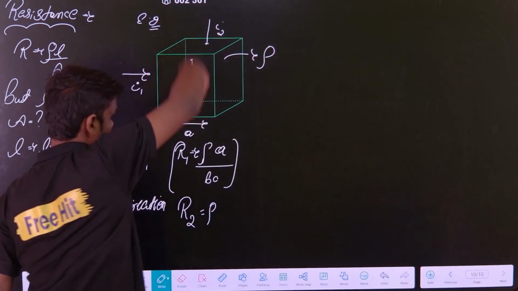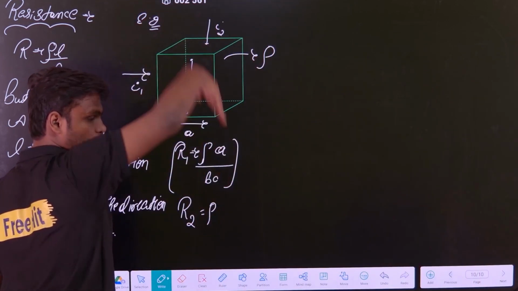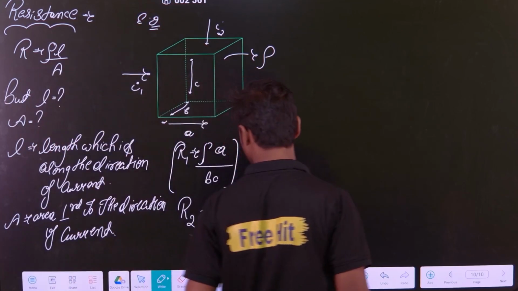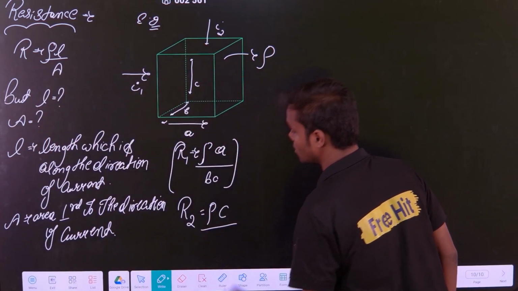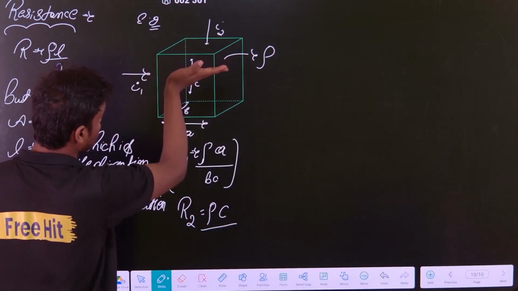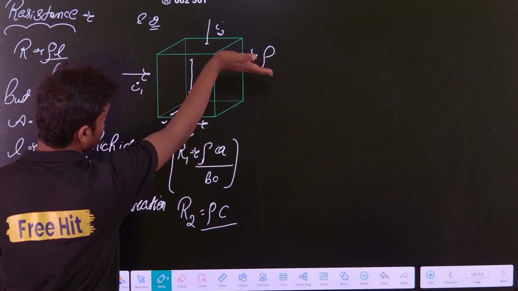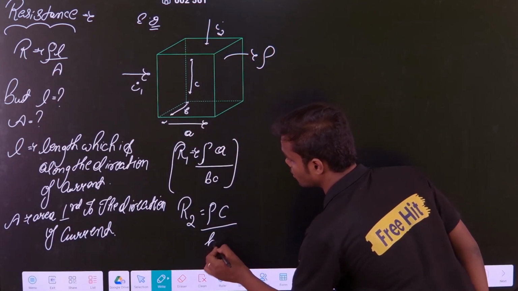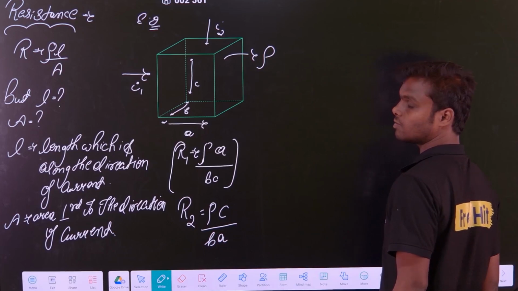The current is going like this, so which length is parallel to the direction of current? The length is C. Correct. What is the area? See, this area is perpendicular, so the area is B into A. Are you getting my point?